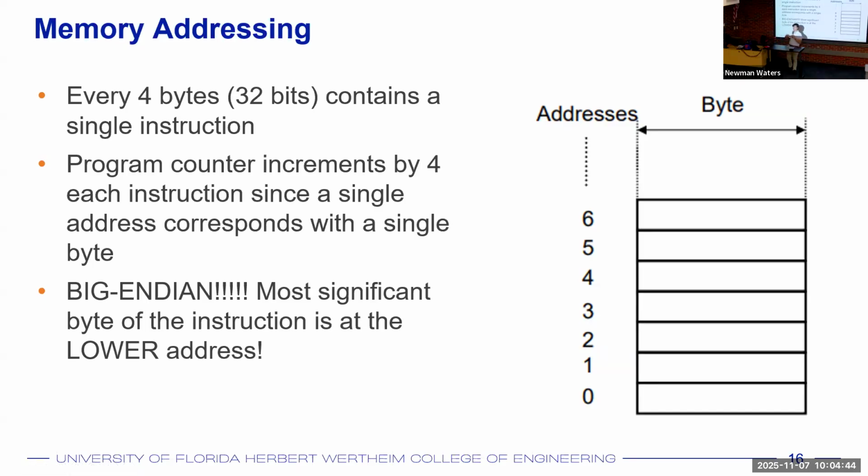Since every instruction takes 4 bytes of information, for my first instruction I read all 4 of these bytes and execute the instruction. The program counter starts at 0, so we read all 4 of these because we need 4 bytes. Then instead of incrementing by 1, we're not going to the next address like this.